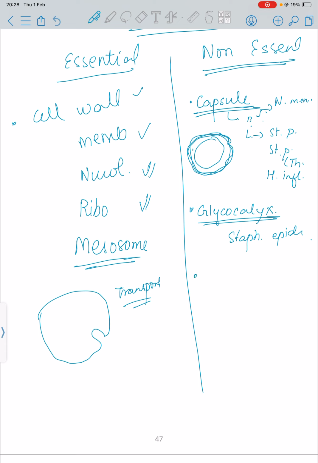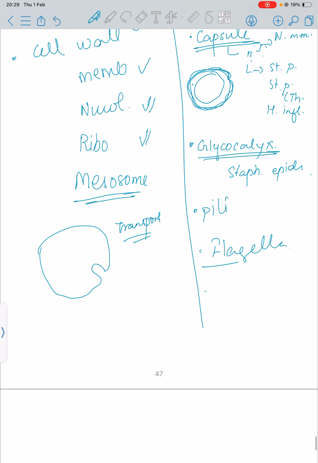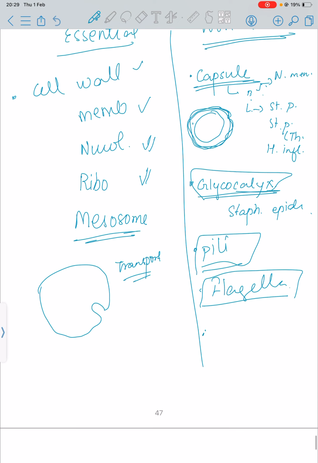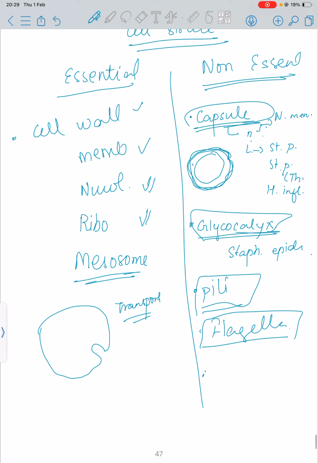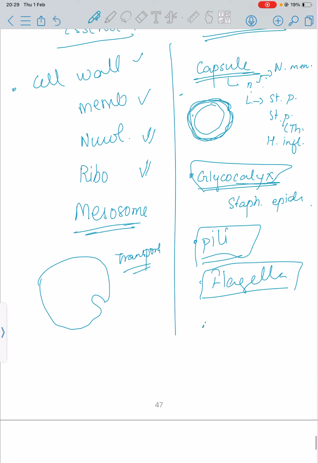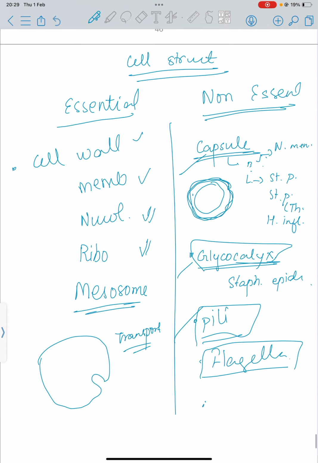Other structures can be pili and flagella. These are the non-essential structures. You may later on also add biofilm and others. So capsule, glycocalyx, pili, and flagella are non-essential structures, and these are the essential structures.